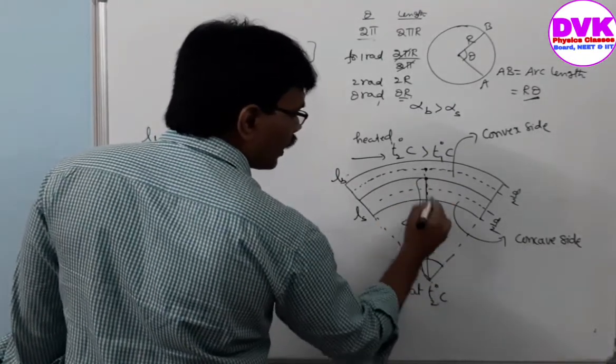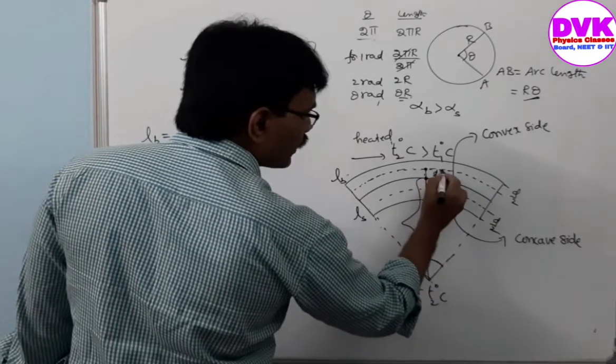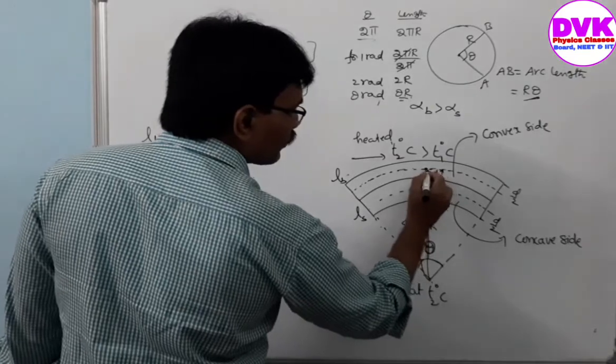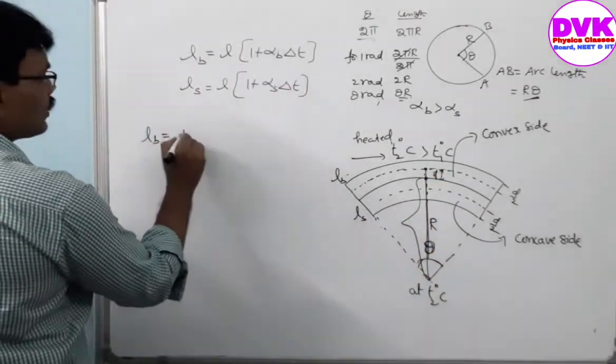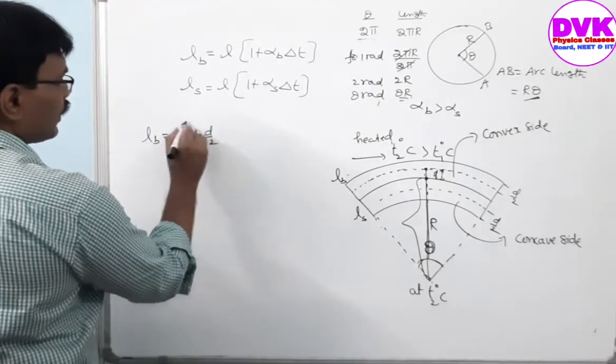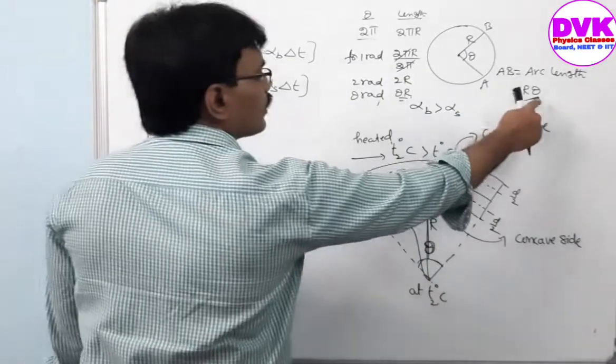Up to this point it is r, and another d by 2 is there, because the total thickness of brass is d but we take the radius from the center of the brass. So r plus d by 2 is the radius, into the angle theta made by this curvature at the center, because arc length equals r into theta.